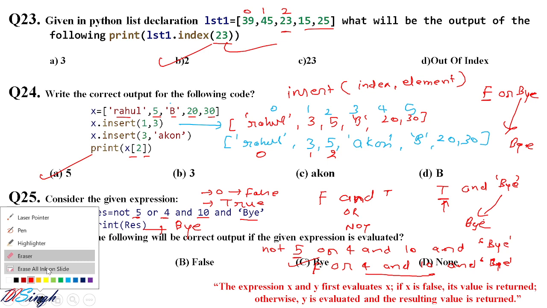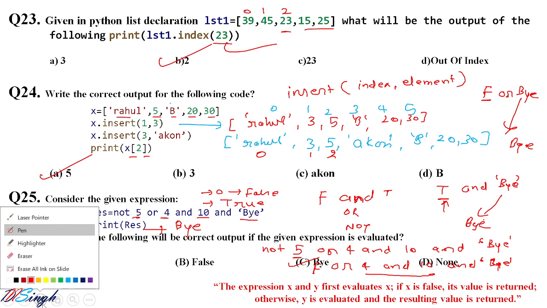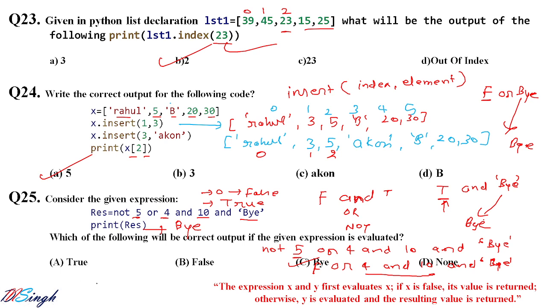So first x is evaluated. If it is false, its value is returned. If one of the operands is false, then false will be returned for the and. If it is not false, if it is true, then y will be evaluated and y will be returned.